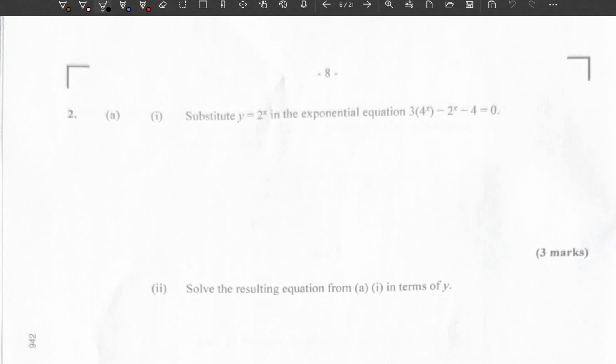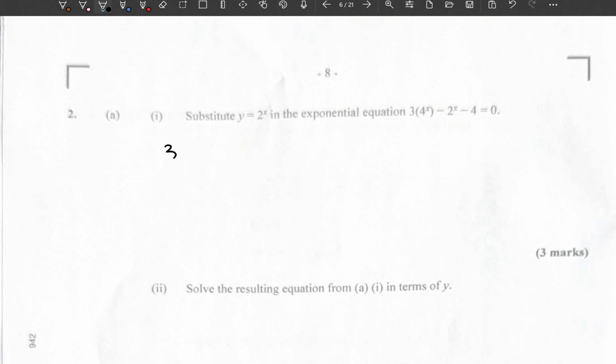2a part 1 wants us to substitute that into the exponential equation. And let's see what we get. Firstly, I would rewrite this first term to be in the form 2 to the power x.